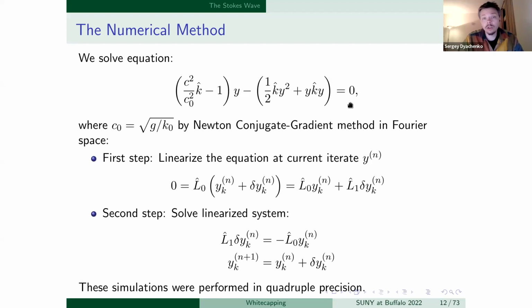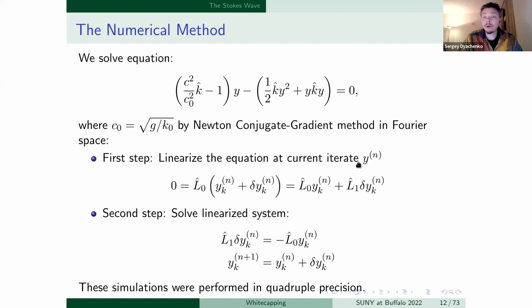And this equation can be solved quite efficiently by the Newton conjugate gradient method. So the idea is that suppose somebody provides you an initial guess, y superscript n, or you find it from some asymptotic expansion or by other means, maybe you get some result from the previous iteration. This is some approximation of the imaginary part of the conformal map.